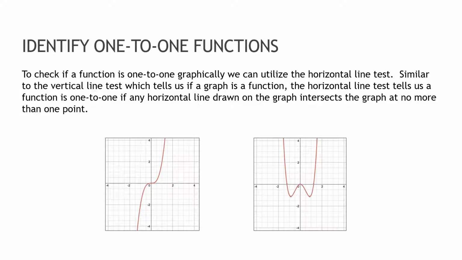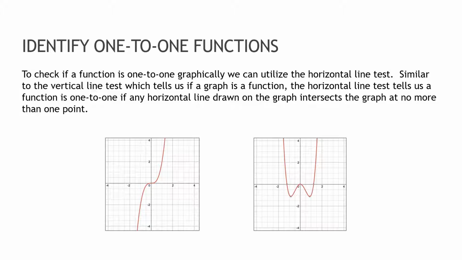If our function is already graphed, we can use the horizontal line test. If you'll recall previously, we did a vertical line test to tell whether a graph was a function. I could draw a vertical line and say, since my line only ever hits one point, these are both functions. Now we already know they're functions.